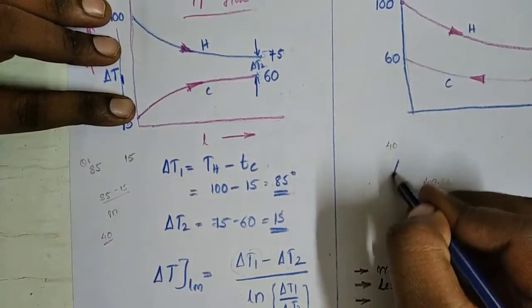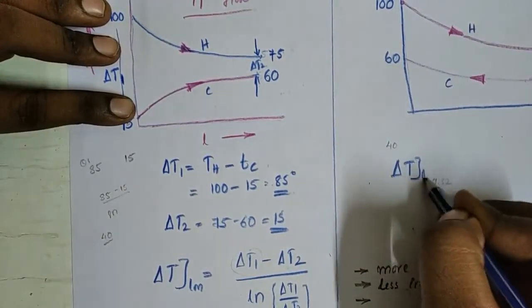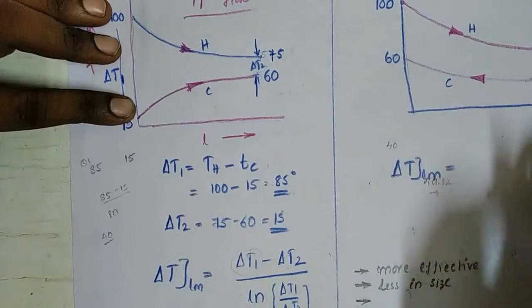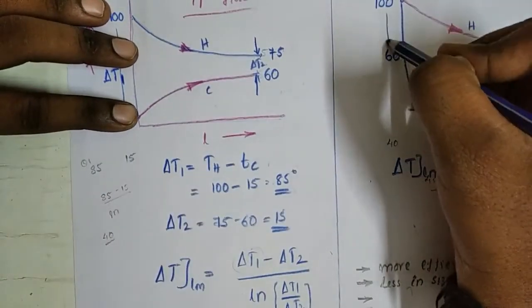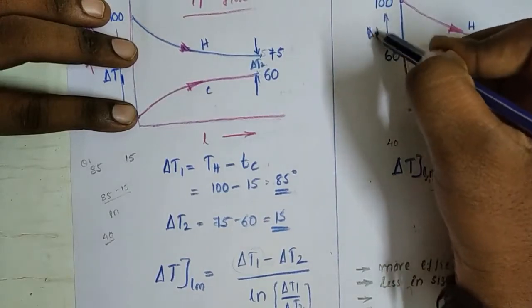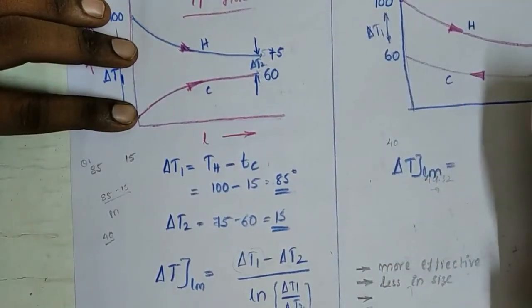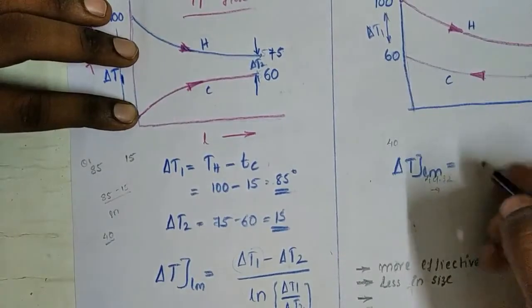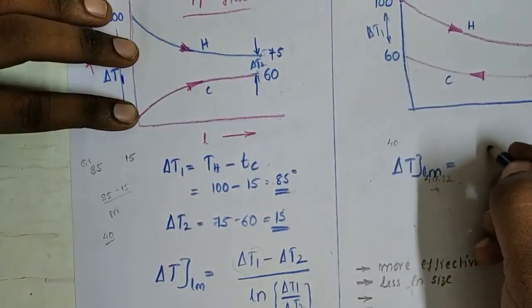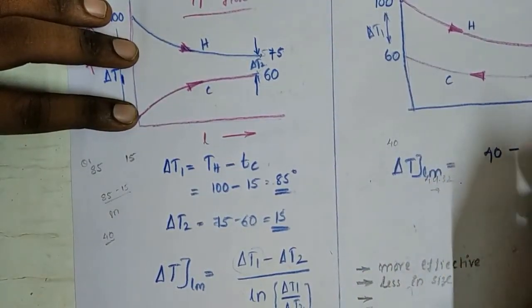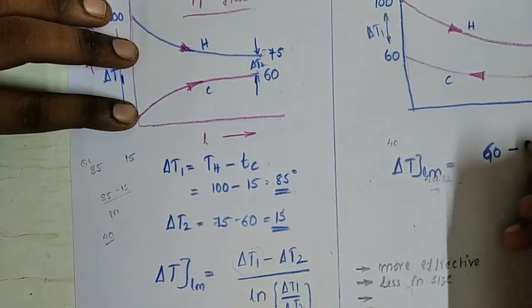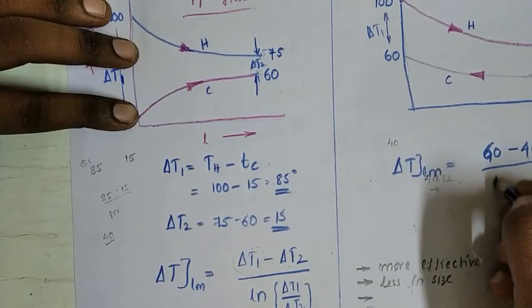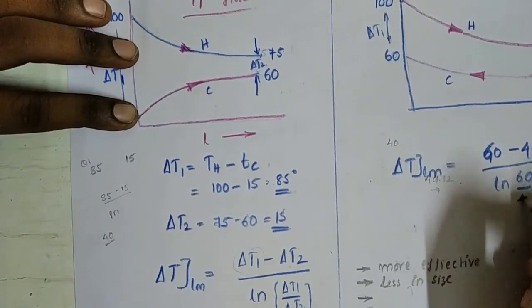By similar analysis, for the counterflow heat exchanger, this is delta T1 and this is delta T2. Hence it is 100 minus 40 minus 60 minus 40, divided by ln 60 by 40.